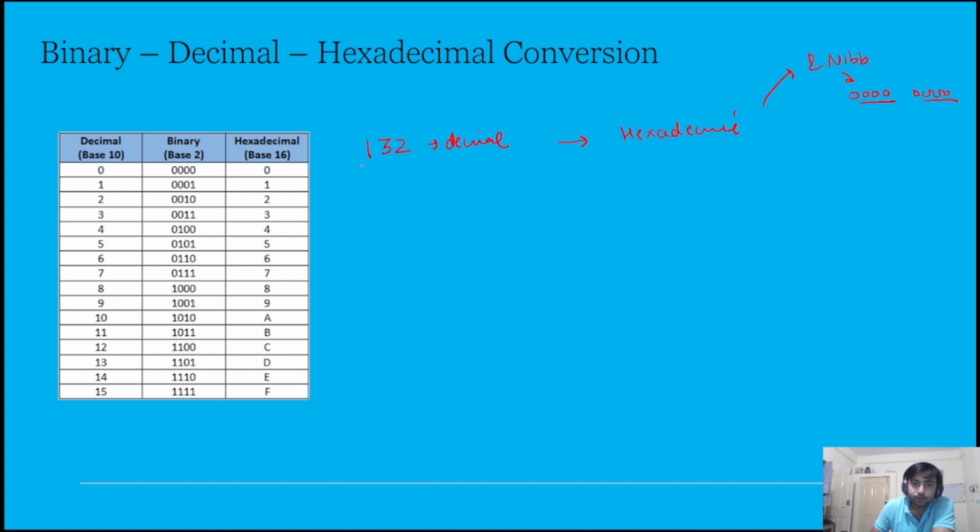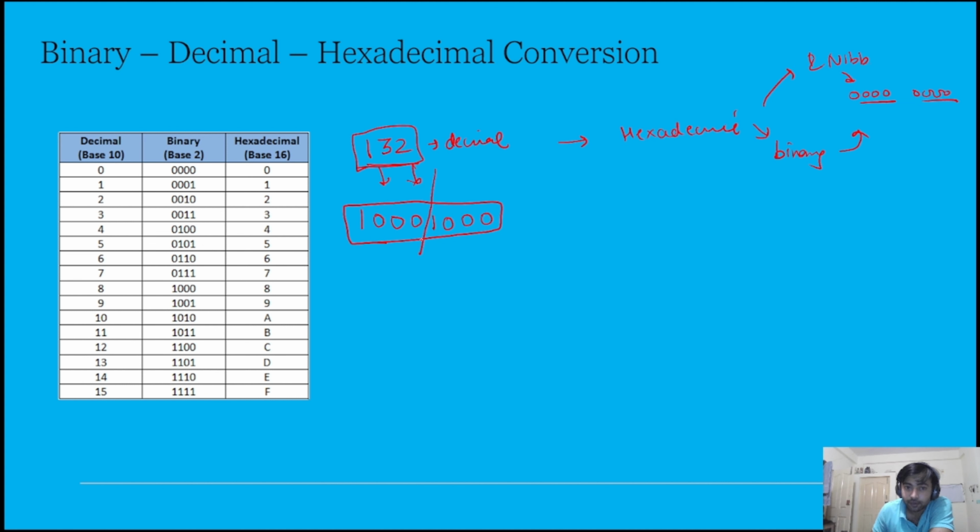For that purpose, we need to convert it into binary, and then we will convert it into hexadecimal. So how can we write 132 in binary? It will be written as 128 utilized here, 64 cannot utilize 0, 32 cannot utilize, 16 cannot utilize, 8 yeah, 8 cannot utilize, 0, 0, 0. So this will be your binary. You can understand this by only remembering that table. I can convert this into binary, and you can do it as well.